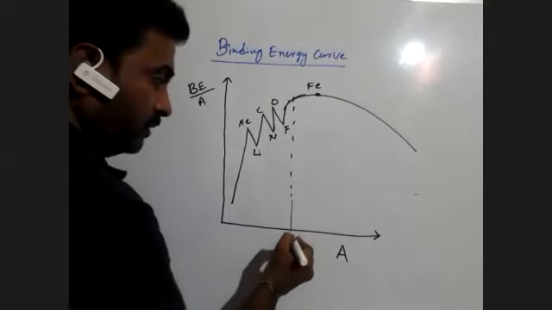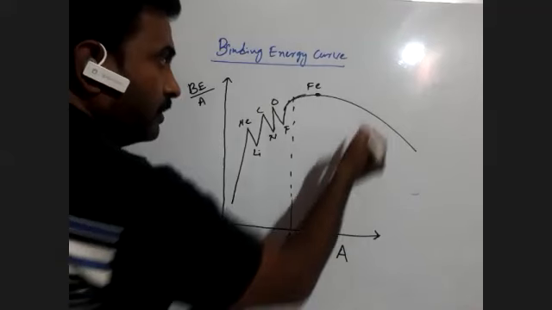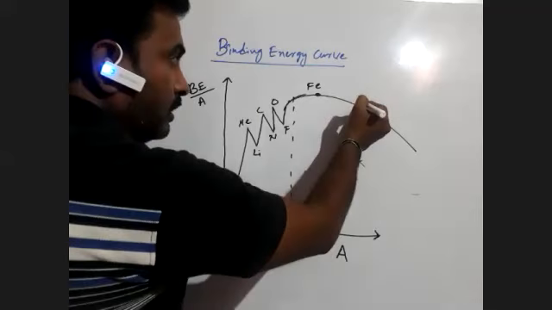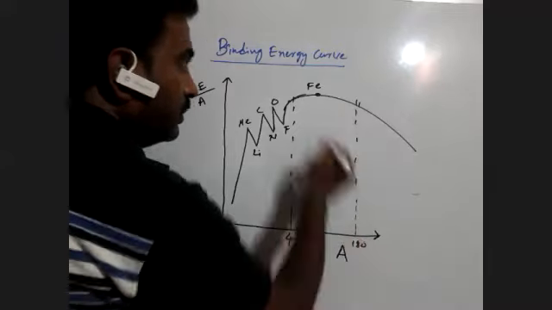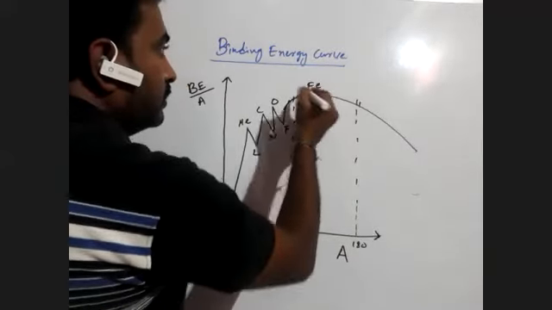It starts from 40, and up to here the graph is almost constant, up to 180, and this is iron.